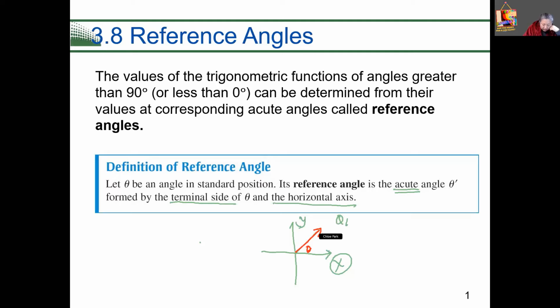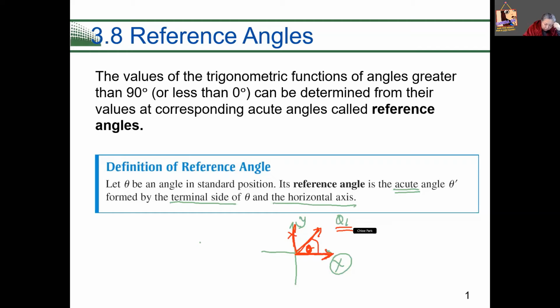With this terminal side indicated, there's going to be another angle that forms with the original terminal side and the nearest horizontal axis. Not this one, this is the vertical axis, but this is the horizontal axis nearby the terminal side of the original angle theta. So this is the reference angle of the given original angle theta.